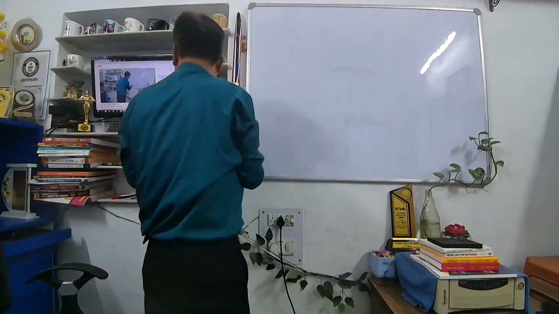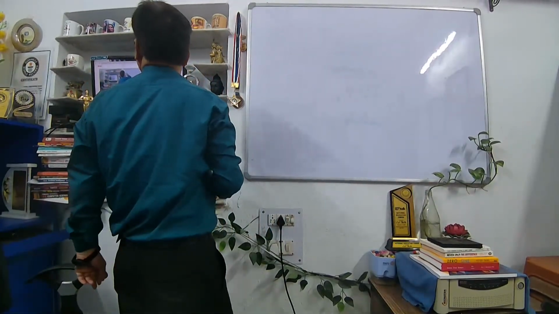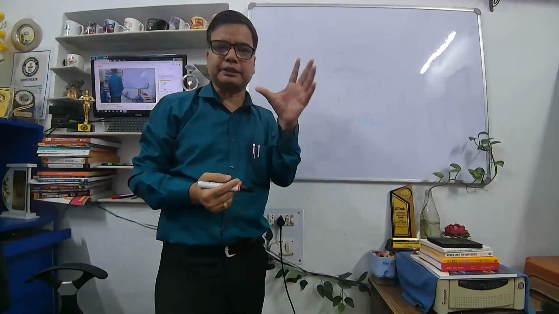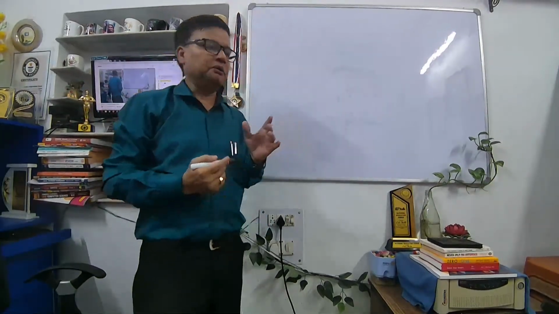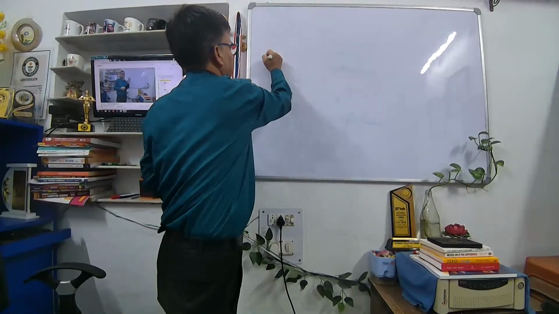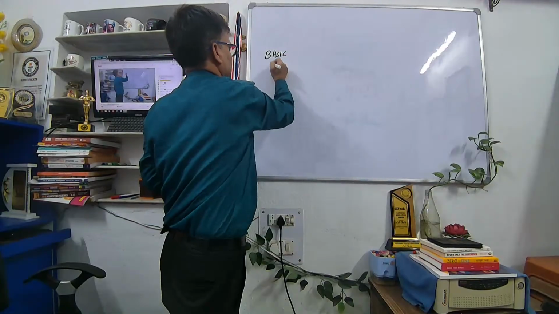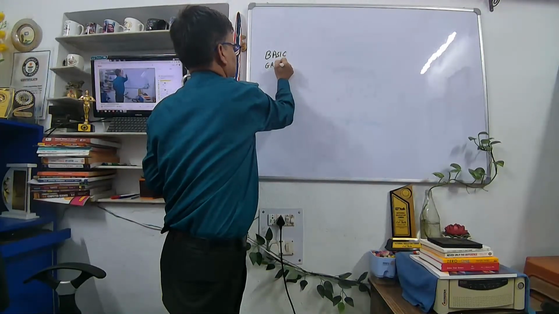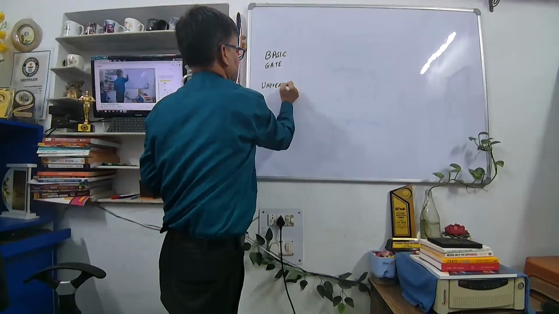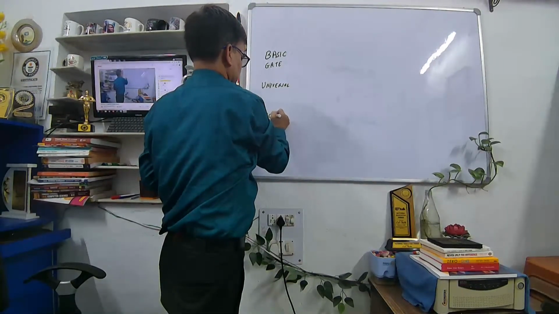Next, we talk about logic gates. Logic gates are the building blocks of the digital circuit, right? And when we talk about logic gates, you need to understand that we have three categories: the basic gates, then we have the universal gates, and then we have the exclusive gates.